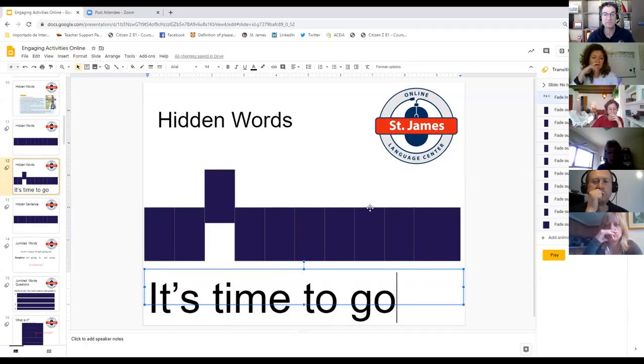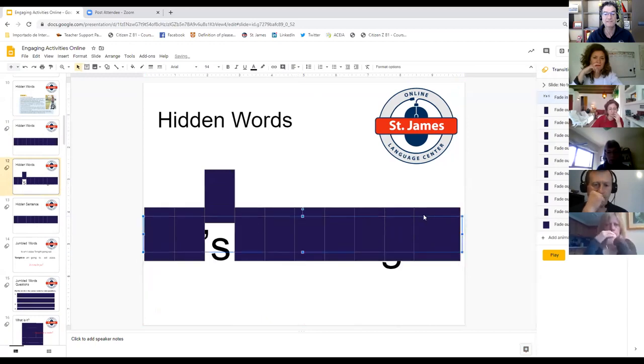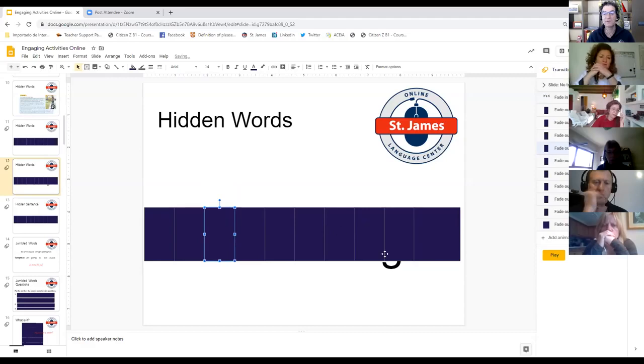For example, this is what I want to hide. I hide it and I put this back. And then I've got another hidden one. I should hide that a little bit better. But it's very simple. Just copy the slide and replace it.